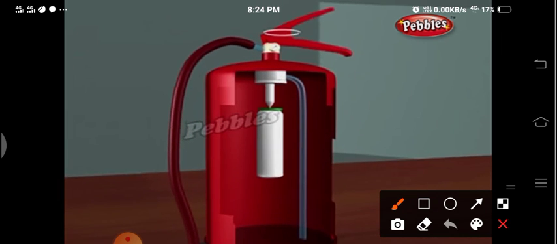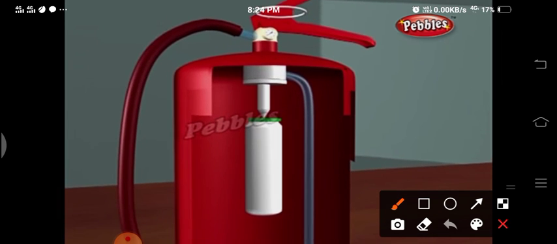While using this, we have to remove this cork. As we discussed in theory, we have to press this switch.